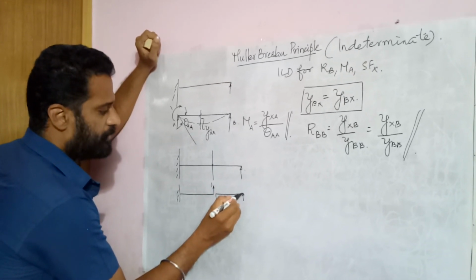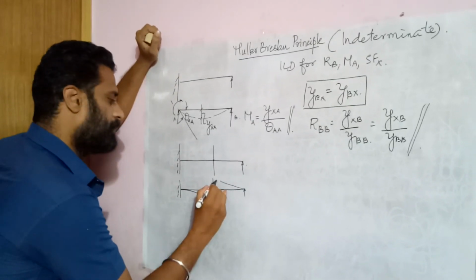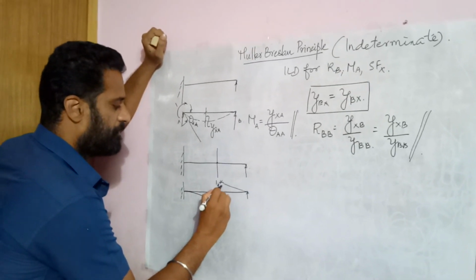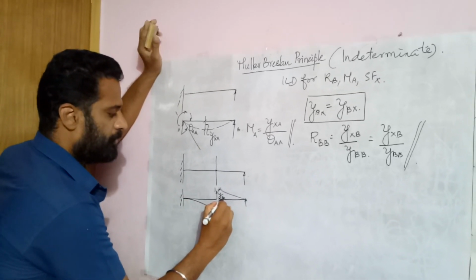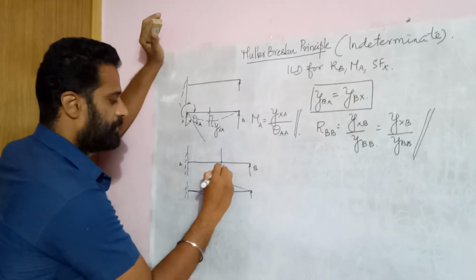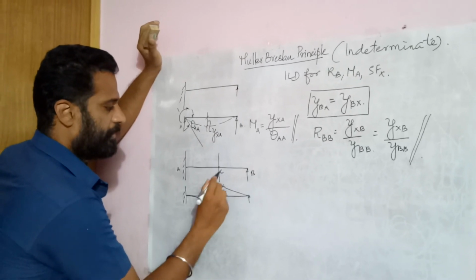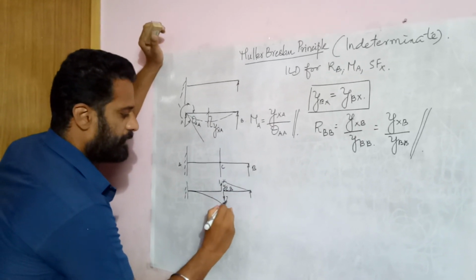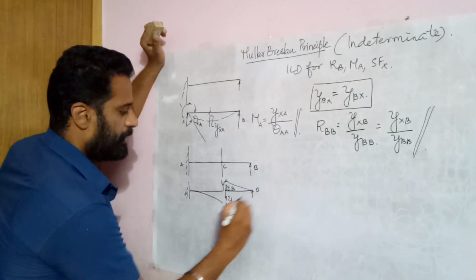This will be the profile on each side. There will be a deflection at X, and I'm indicating the points as A, B and C. So I'm writing this as YCB, with reference to B, and this one is YCA, with reference to A.